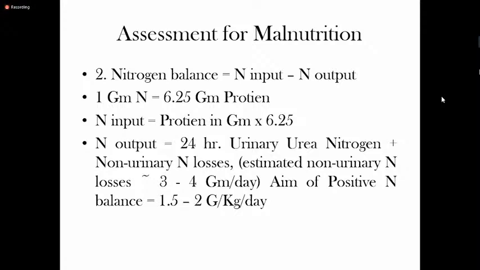So the input for 24 hours and the urinary nitrogen is equal to urinary nitrogen plus non-urinary nitrogen, which are estimated. These are the things that if you want to get into nutrition, you must know. But remember that in assessment of nutritional requirement, we can also measure nitrogen balance. Okay, so this equation, if you want to study it properly, it's up to you. But remember that it is a measure of the protein quantity.